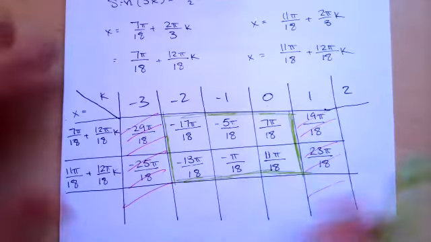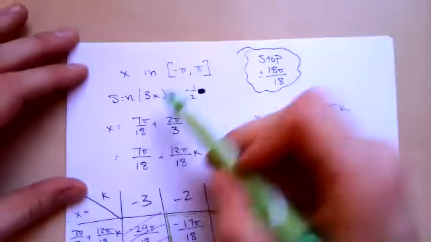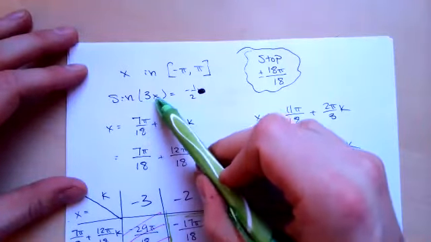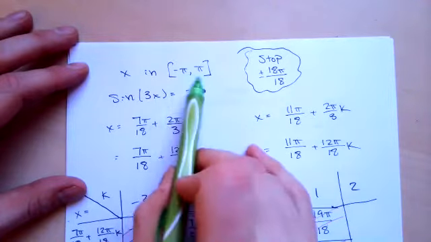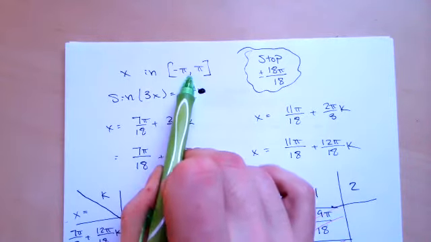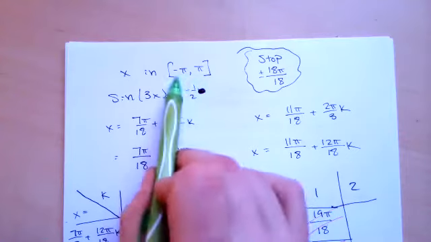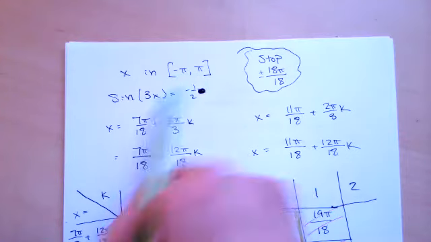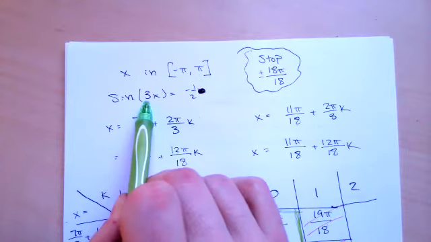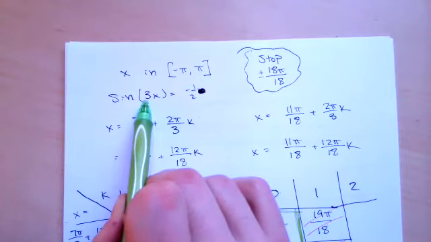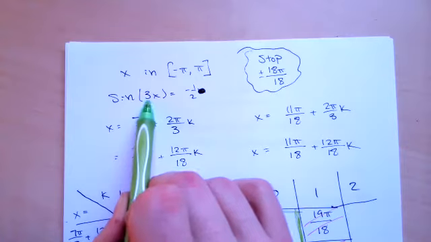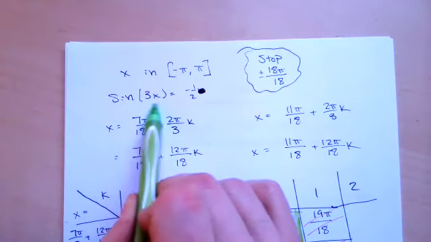So a couple tips. When the argument is like 3x, and if they give you a range, a normal period is 2 pi for sine and cosine. So if they give us a range of 2 pi, and the argument is 3x, then there's always going to be twice as many solutions as the multiplying factor.